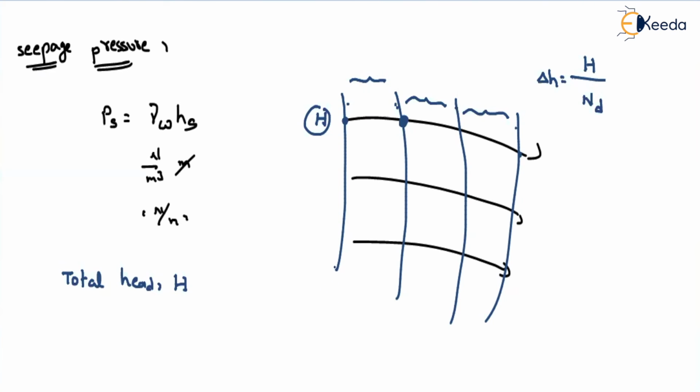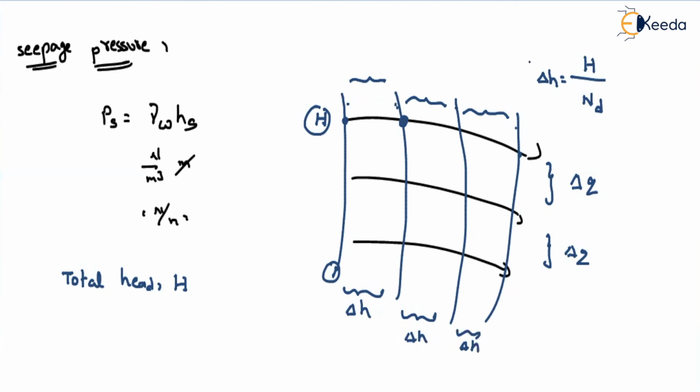That means from this potential line to this potential line, what is the loss of head? This one. If we observe here, the flow between any two flow lines is the same, that is delta Q. Similarly, the loss of head between any two potential lines is also the same, delta H and delta H.